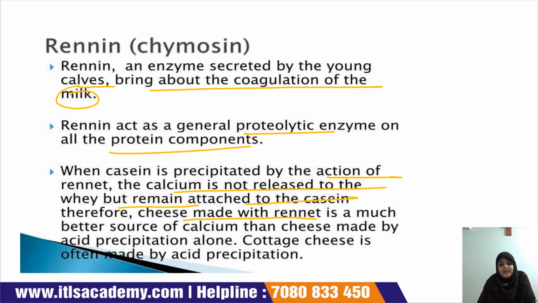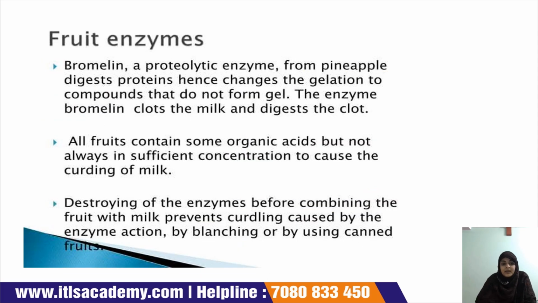Therefore, cheese made with rennet is a much better source of calcium than cheese made by acid precipitation. Crude enzymes like bromelain, a proteolytic enzyme from pineapple, digest protein, change the gelation of the compound, and do not form a gel. The enzyme bromelain clots the milk and digests the clot.